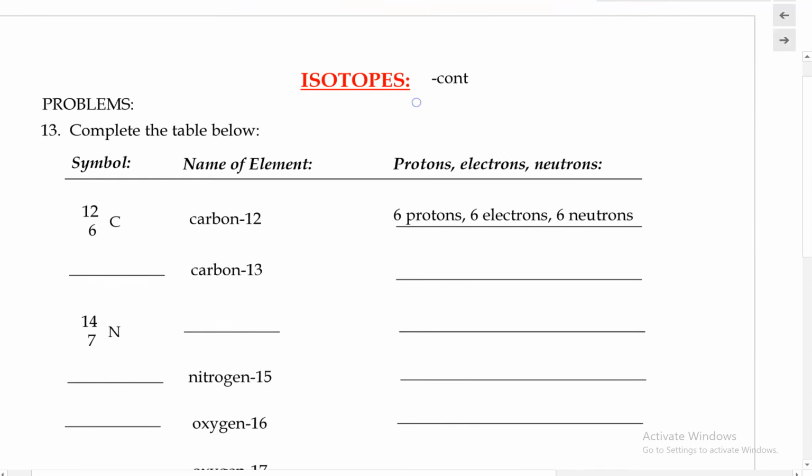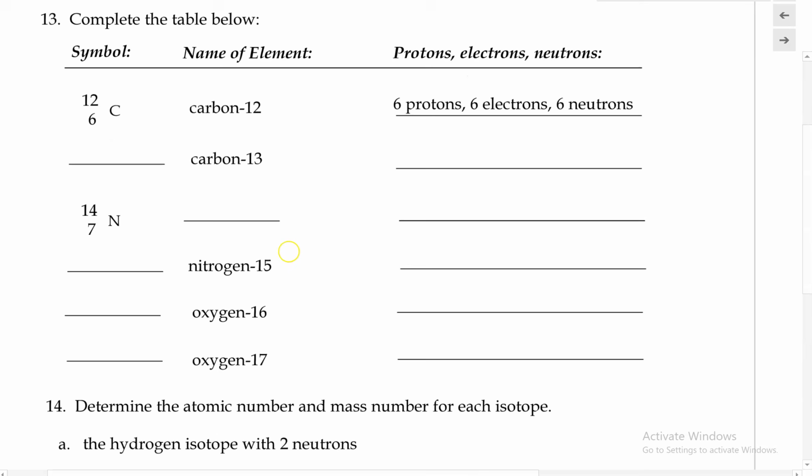And just like how we were able to find the number of subatomic particles for a neutral atom and an ion, we should also be able to figure out the number of subatomic particles in isotopes. For example, carbon 12. The nuclear symbol of carbon 12 is carbon with 6 here and 12 up here. This tells us that its mass is equal to 12. Versus for carbon 13, its nuclear symbol will look as follows: C, still 6 right here, and 13 over here.